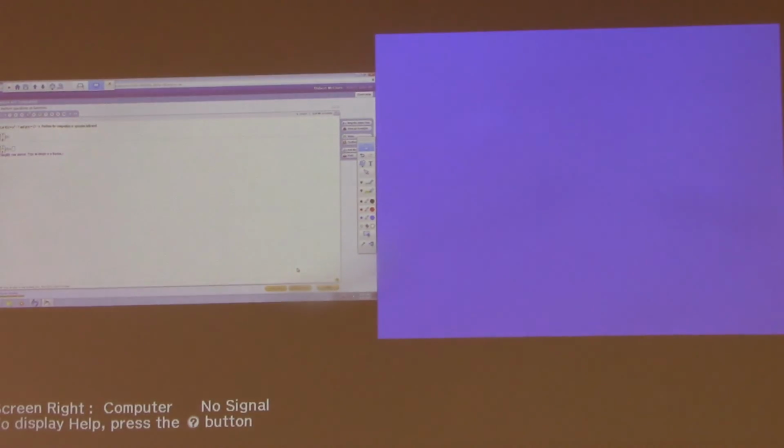Okay, well, that just shut it down. Is the mouse moving over there? Yes.